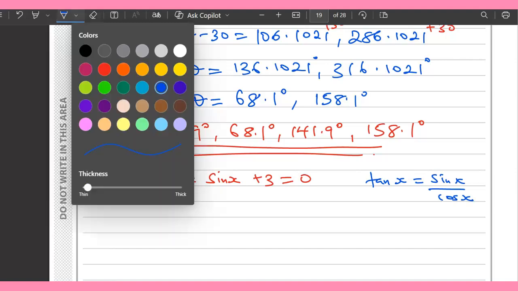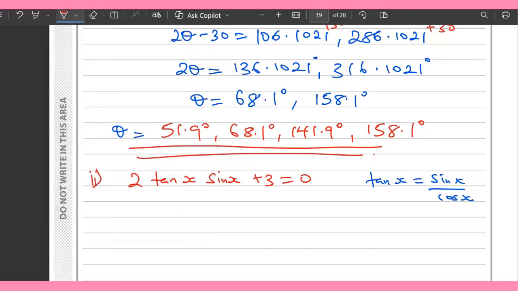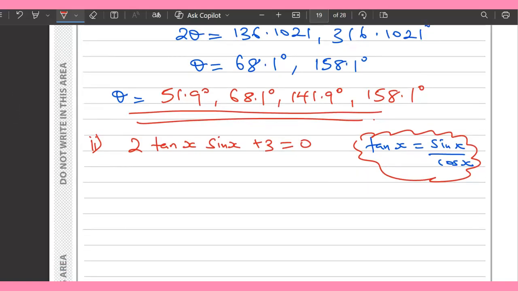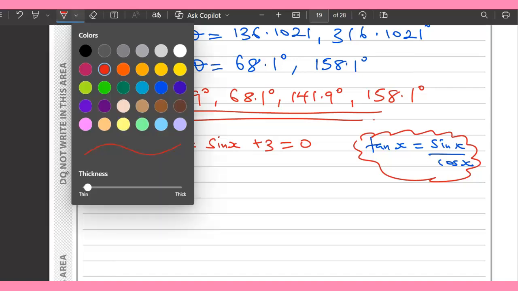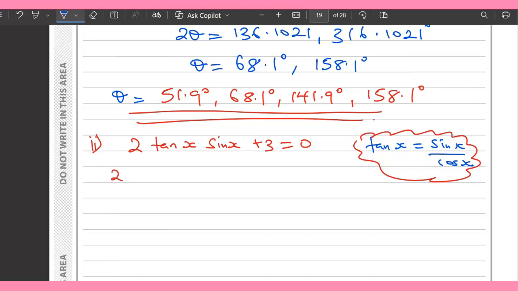So instead of having tan x, we can replace it with sine x over cos x, and therefore we'll have 2 sine x over cos x times sine of x plus 3 equals 0.